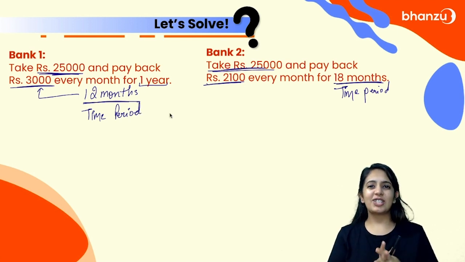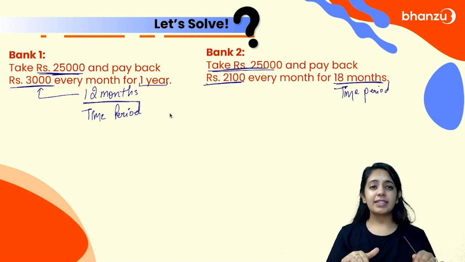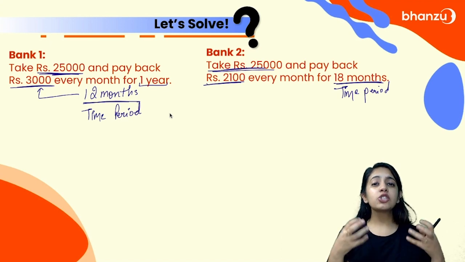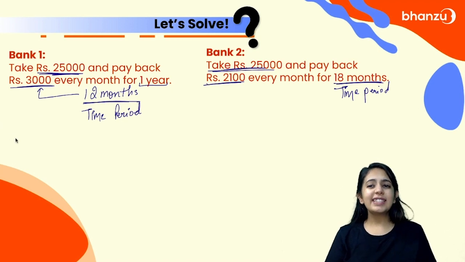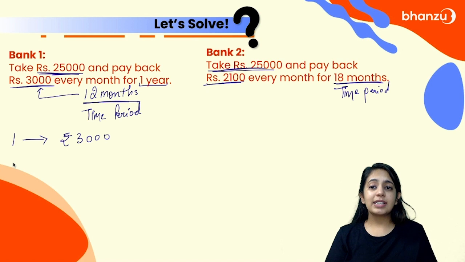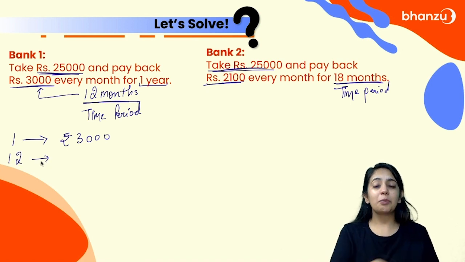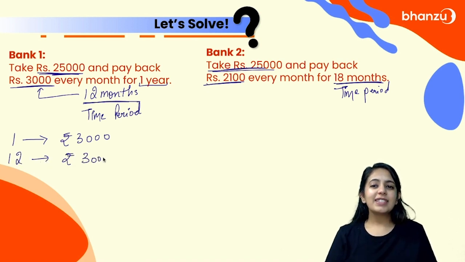Because you're great in calculations, in order to compare these two, we must look at how much total amount Adrian is paying to bank 1 and bank 2, right? So let's see. For 1 month, bank 1 is charging rupees 3,000. So till 12 months, how much money does Adrian need to pay? Rupees 3,000 times 12, which is rupees 36,000.